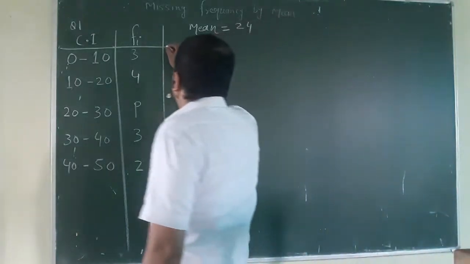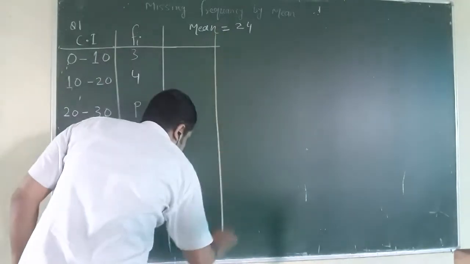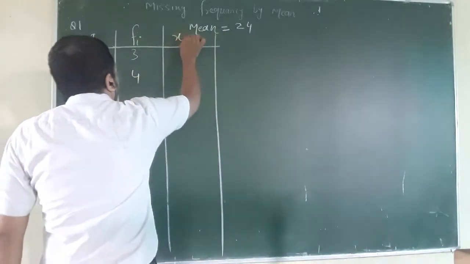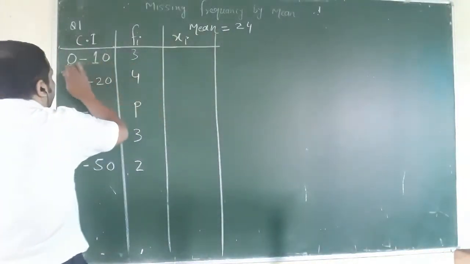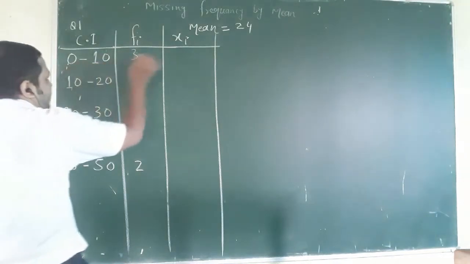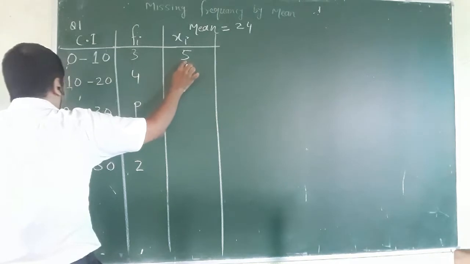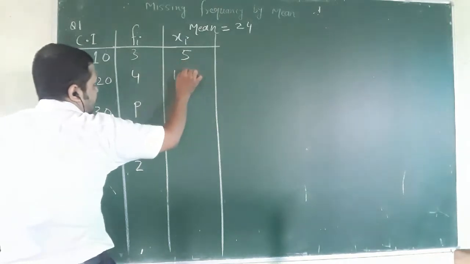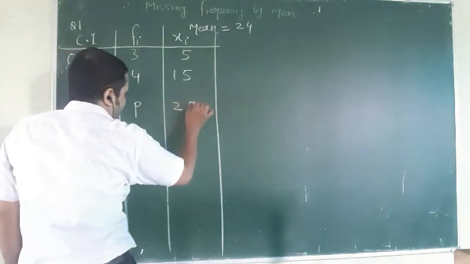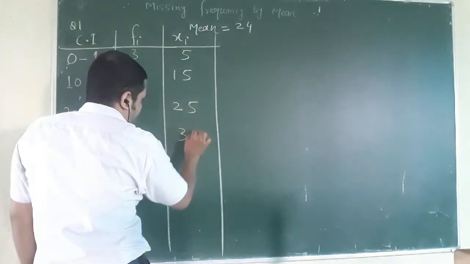So first of all, we have to find the xi. Now the middle position in between 0 to 10 will be 5, and the gap is 10, so I will add 10 each time. It will be 15, 25, now 35, now 45.